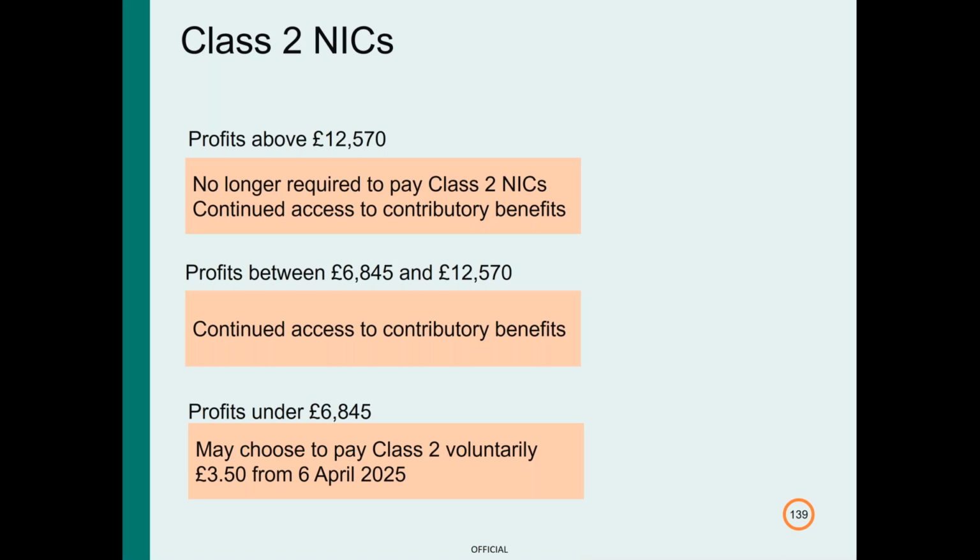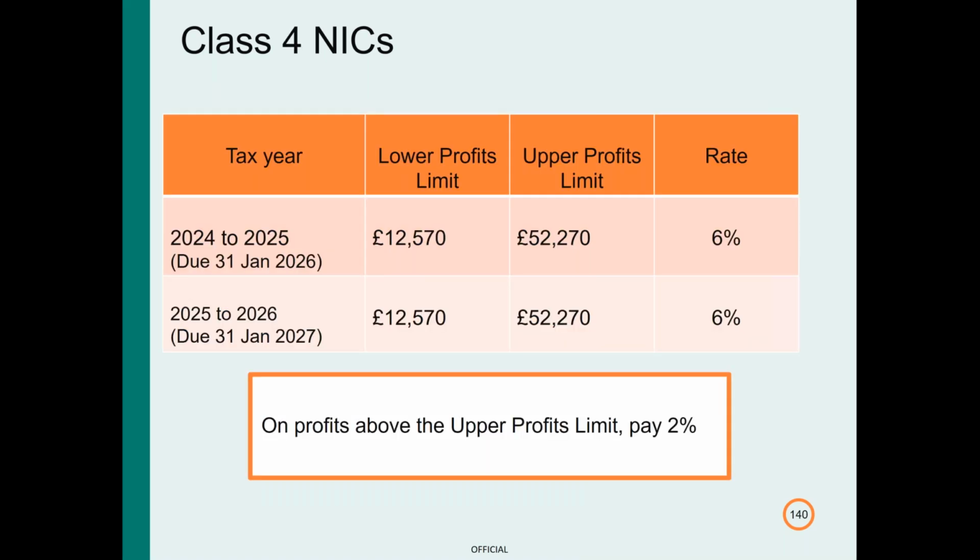Those with profits under £6,845 who choose to pay Class 2 voluntarily will continue to be able to do so. This increases from £3.45 to £3.50 weekly from the 6th of April 2025. There are no changes to the rates or thresholds for Class 4 NI, and I'll give you a few moments to read the information on the screen.